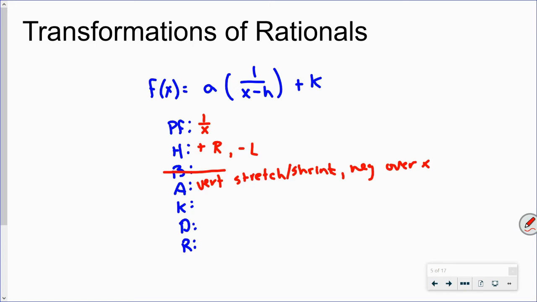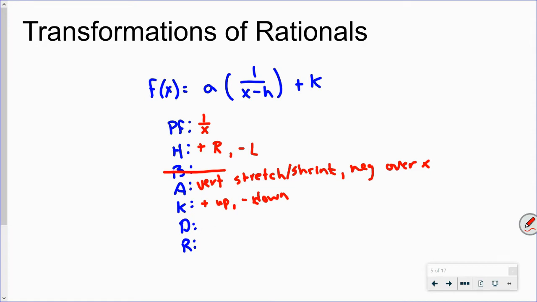Okay, and because it's kind of a weird image, if I flip over x, it also flips over y, which is why we don't really deal with b, because of just the way that the numbers work and how the graph looks. It has rotational symmetry, so that cuts out some of those movements from b into a. K is still up or down, so positive up, negative down.